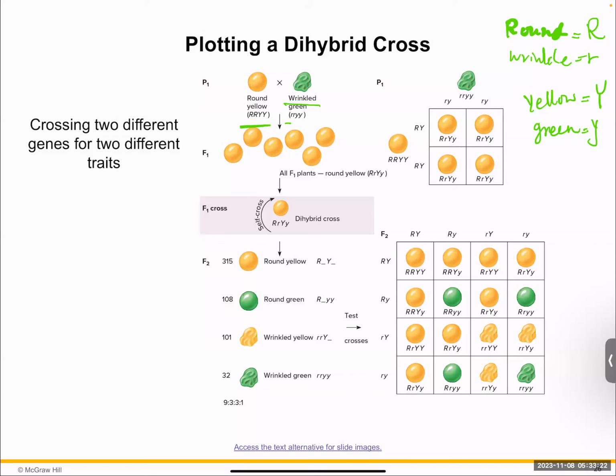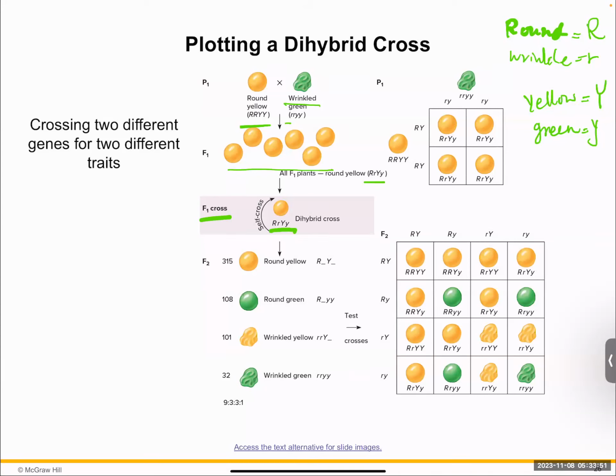So they all produce round yellow, which means if we were to write it, it's a heterozygous dominant F1 generation. And if we're looking at the F1 crossing, so self-crossing the plant, it means you're doing a heterozygous with a heterozygous dominant characteristics.